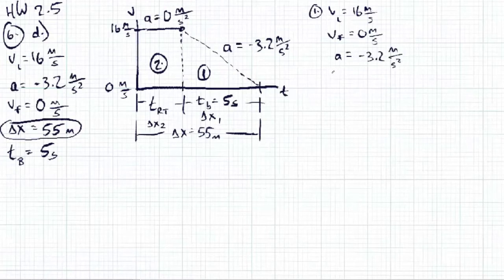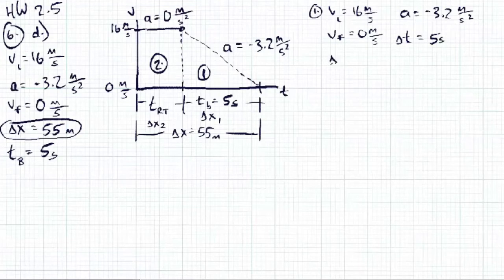The amount of time that we come to a stop is going to be 5 seconds, and we want to find, you know what, to save some space, I'm going to move these guys up top, or up next to them. So I'm breaking my rule of writing all of our givens in vertical lines, but oh well. A is negative 3.2 meters per second squared, and our time is going to be 5 seconds.